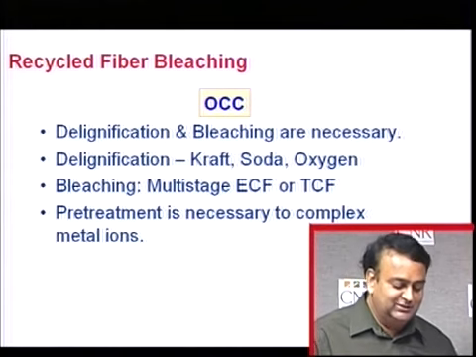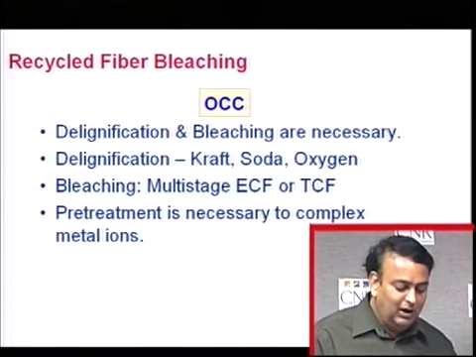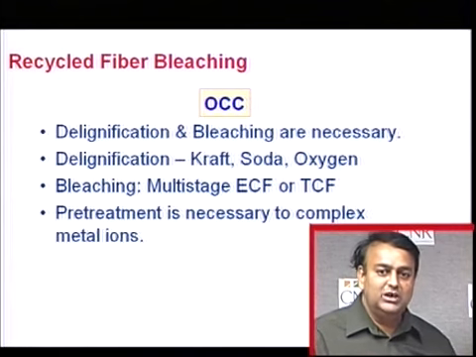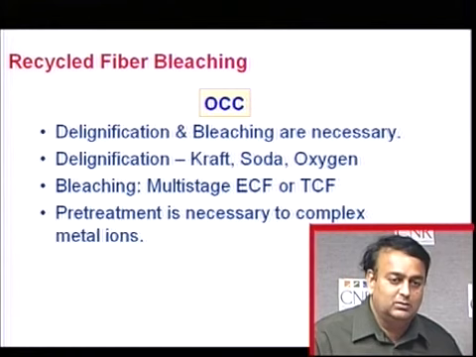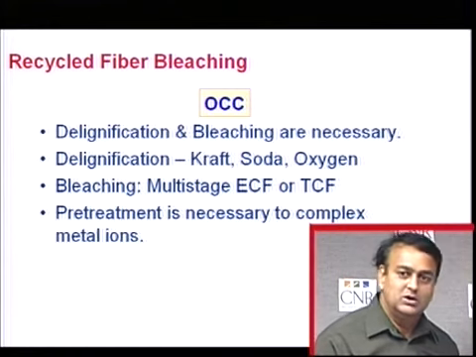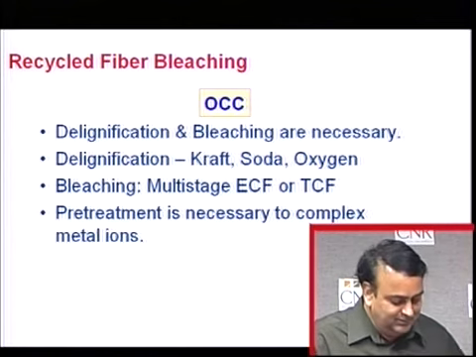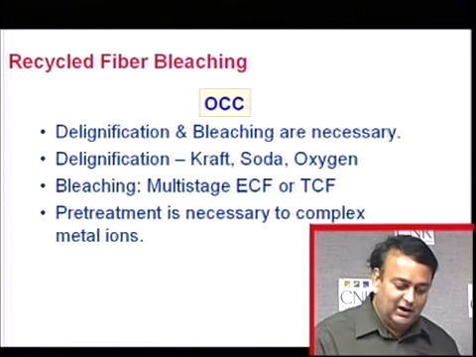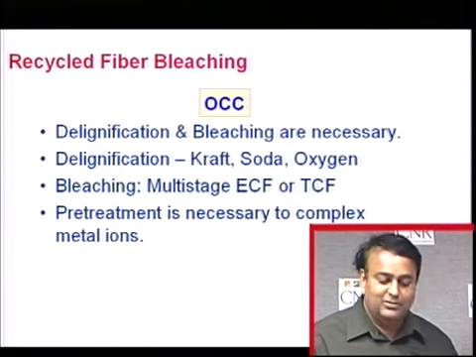I have seen up to 3 stages. Then you can bleach with a multi-stage elemental chlorine free bleaching or total chlorine free bleaching. Chlorine dioxide, peroxide, oxygen and ozone can be used to bleach these fibers. Again, OCC contains a lot of metal ions. Pre-treatment is absolutely necessary to complex the metal ions.